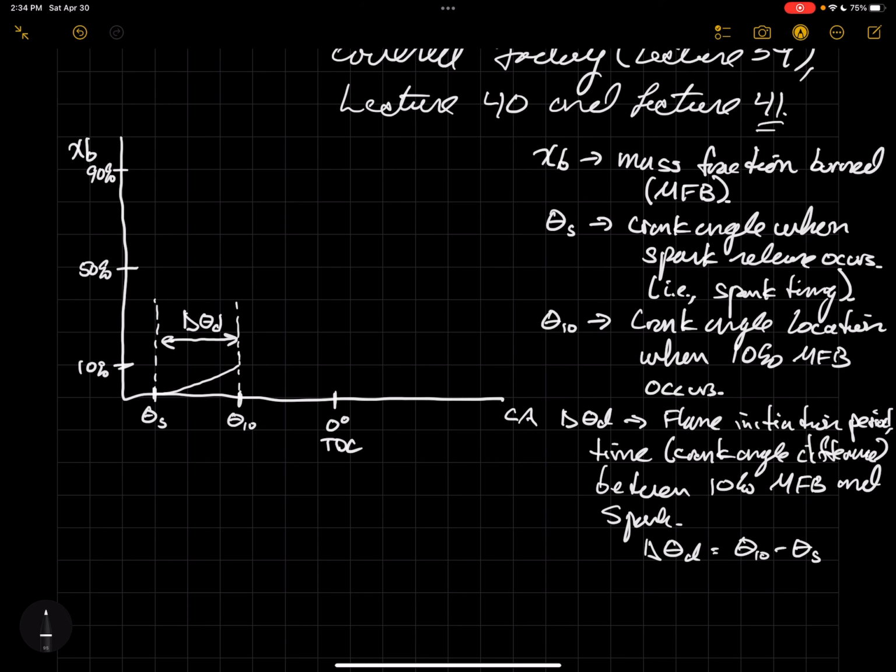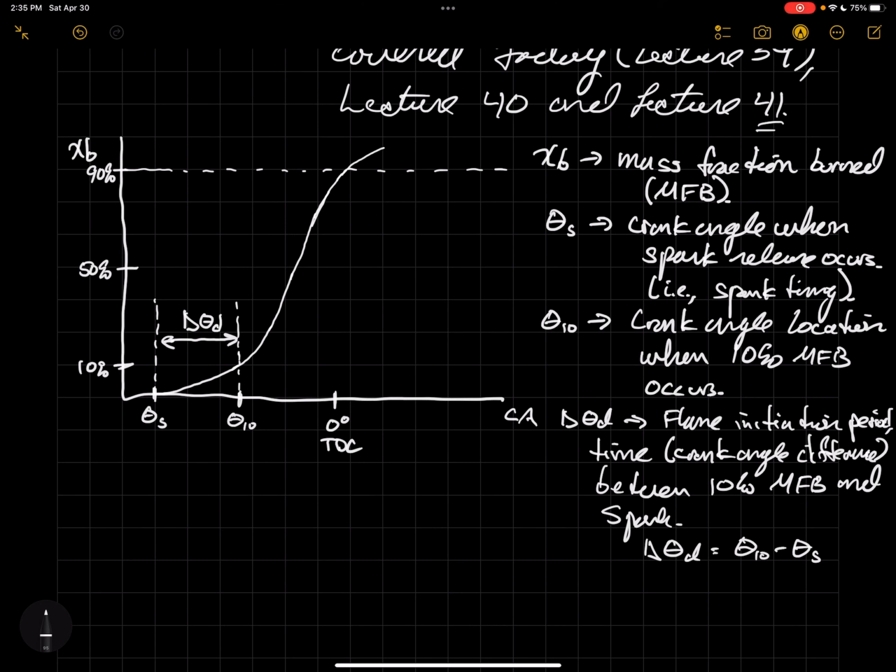Okay, so then once we reach 10% mass fraction burned, or essentially what the mass fraction burn curve will look like, we'll transition into the rapid burning period. And so at that point, our mass fraction burn curve begins to have a rather drastic rise in how the fuel is burned, right up until we get to about 90% mass fraction burned.